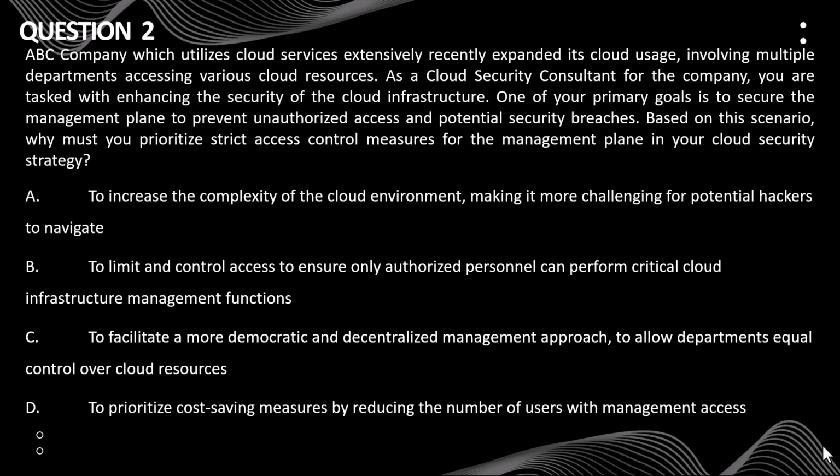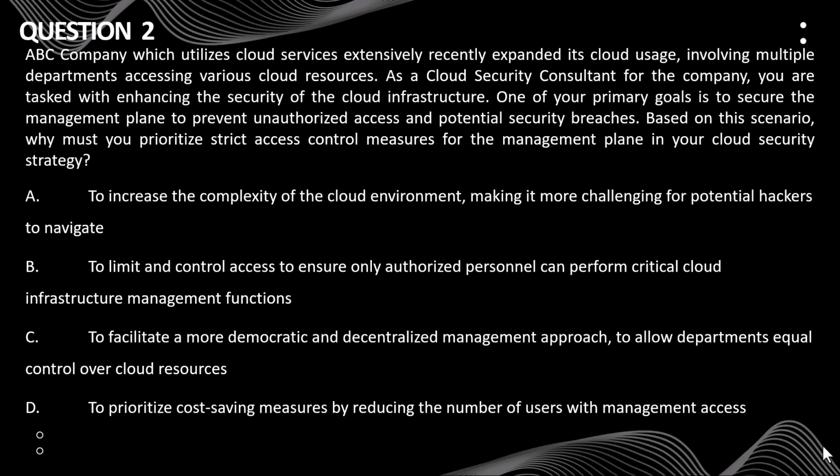strategy? Option A. To increase the complexity of the cloud environment, making it more challenging for potential hackers to navigate. Option B. To limit and control access to ensure that only authorized personnel can perform critical cloud infrastructure management functions.